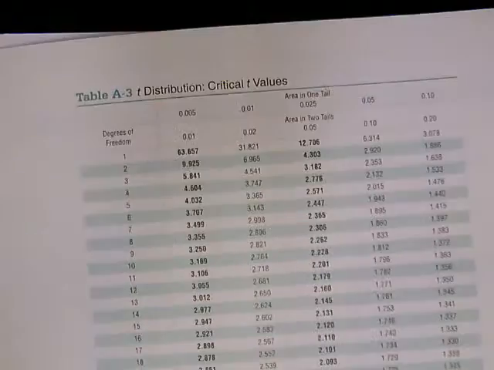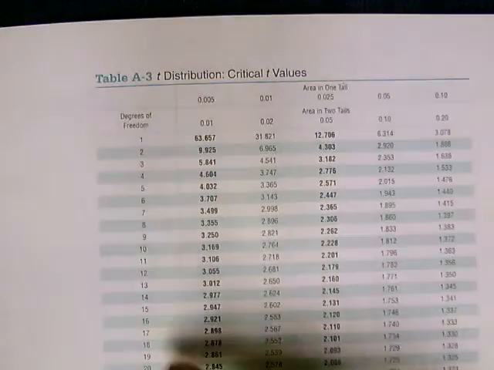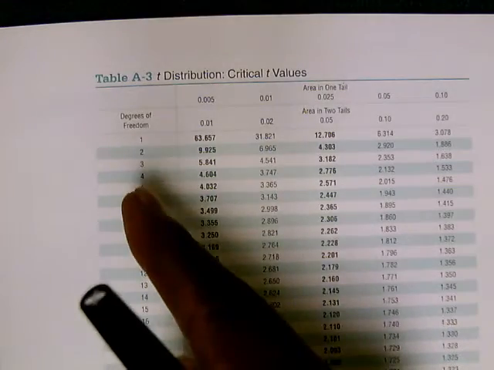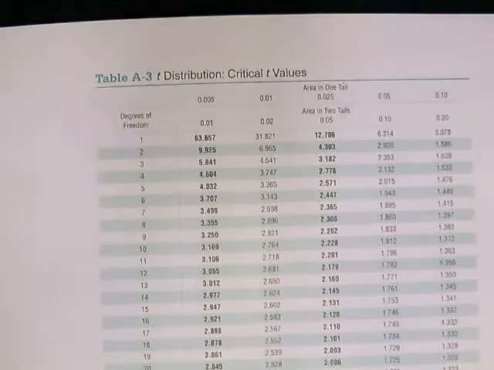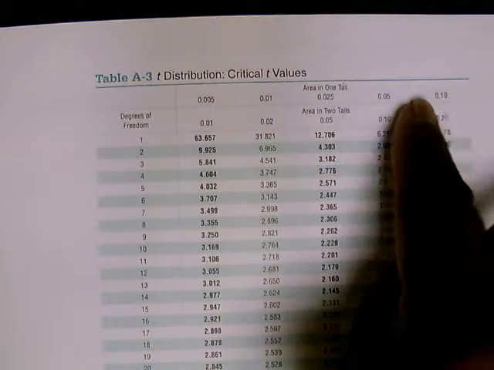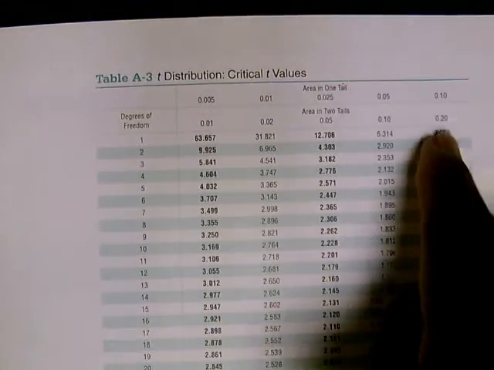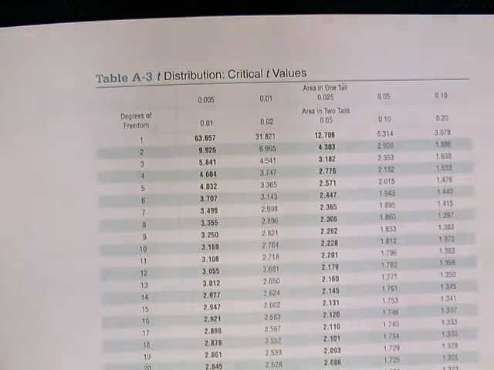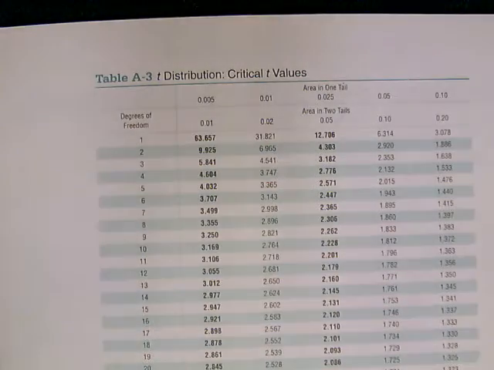And for those of you who are not familiar with table A-3, which is the t distribution, which is the critical t values, this is it. The left column is your degrees of freedom. You'll use the smaller of n1 minus 1 and n2 minus 1. The top row is the area in one tail. The row underneath it is the area in two tails. You have to look at your alternative hypothesis to determine whether you have a one-tail test or a two-tail test.